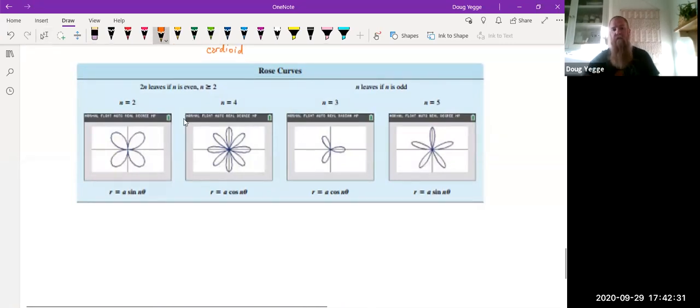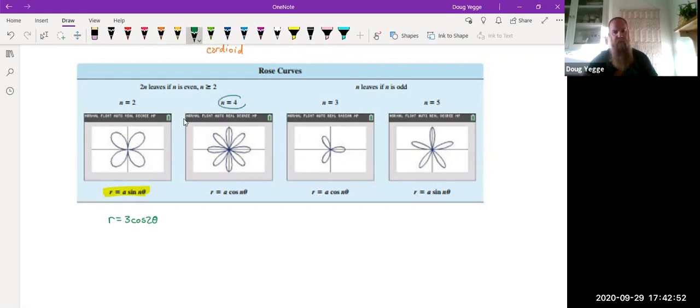Down here, we ended up graphing this one right here, only we graphed the one that said r equals 3 cosine of 2 theta. Notice that if the n value here is 2, then we have 4 loops.